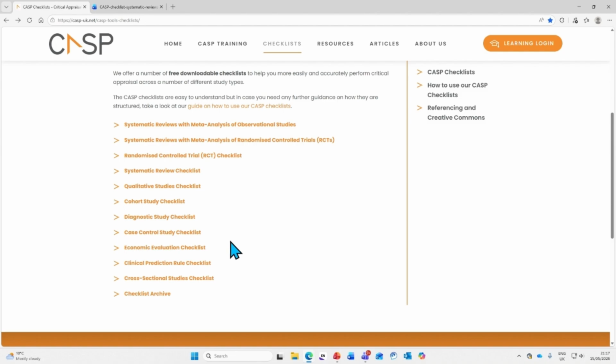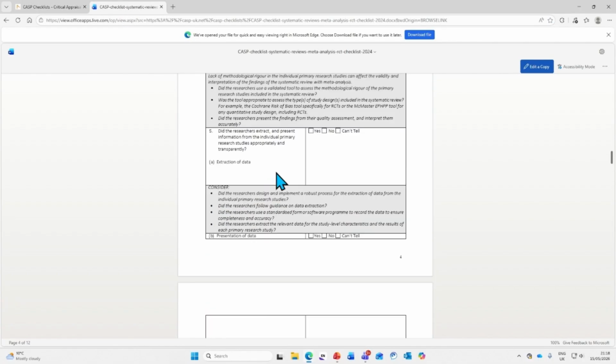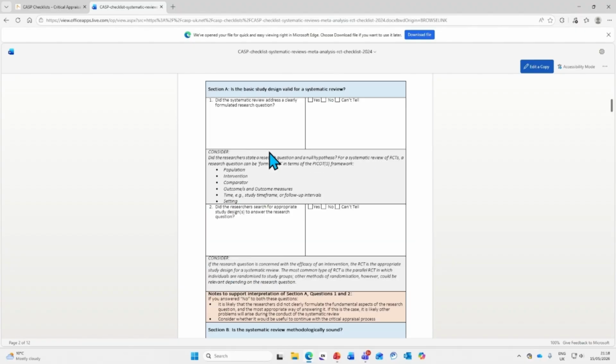When you have a paper that you want to critically appraise, you look at the checklists that are available and select the checklist that aligns to your paper. For today's example, we're looking at the systematic reviews with meta-analysis of randomized controlled trials checklist.